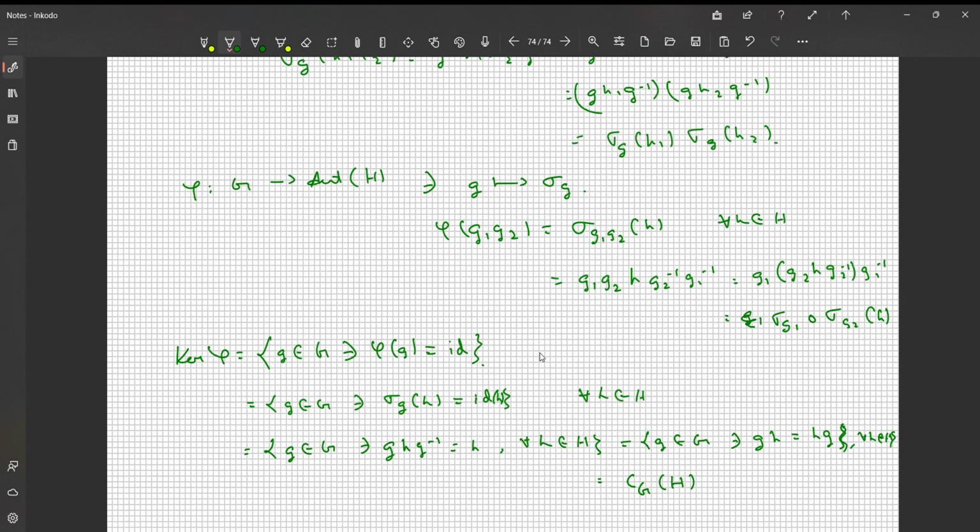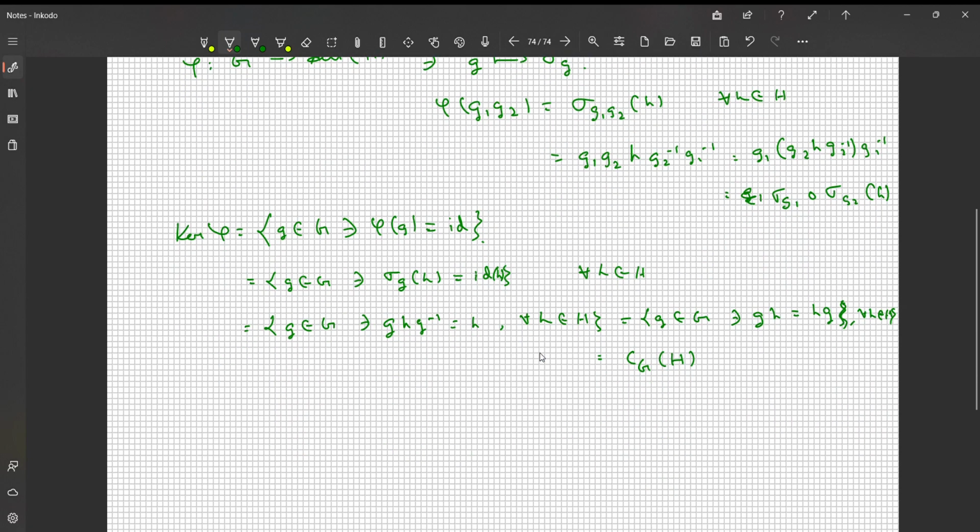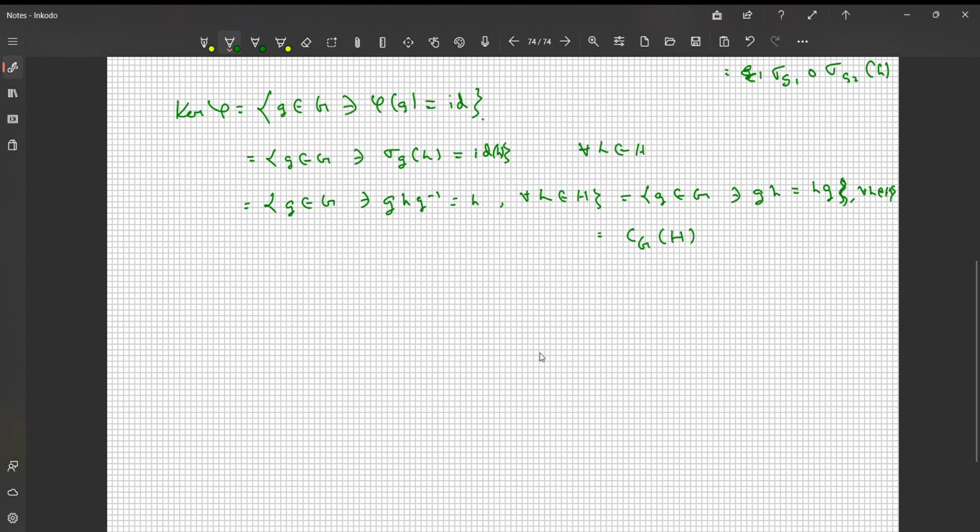Right? So we know by the first isomorphism theorem that G mod the kernel of the mapping psi must be isomorphic to the image of this mapping psi, right?